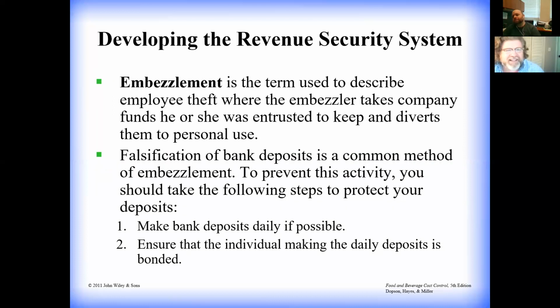Embezzlement. Oh man, nothing like a little white collar crime to start the day. Tell us about embezzlement. Embezzlement tends to be where an employee will take from the company the funds that they're entrusted with. We still see this a lot in local news.